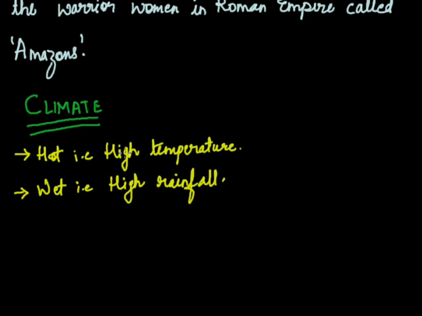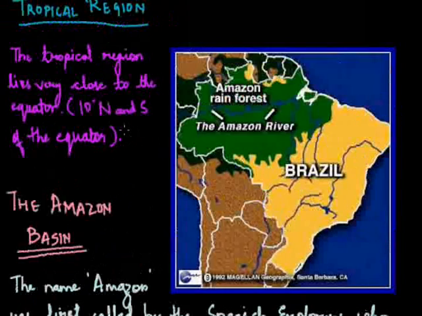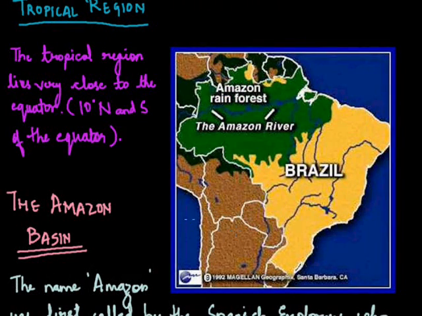Temperature is hot because the location is right over the equator. Thus, the maximum sun rays are falling straight on this area, creating a very high temperature.